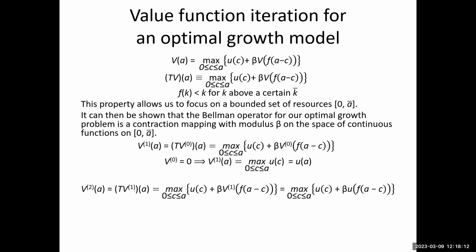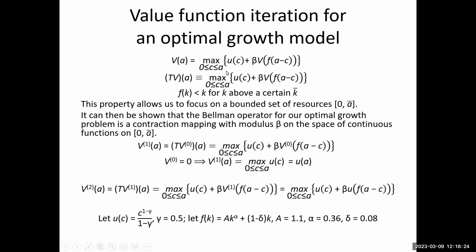To show the results of this iterative process numerically, we need to choose functional forms for U of C and F of K and values for the parameters. Let the utility function U of C have this constant elasticity form. Let the production function have constant elasticity production plus linear depreciation.